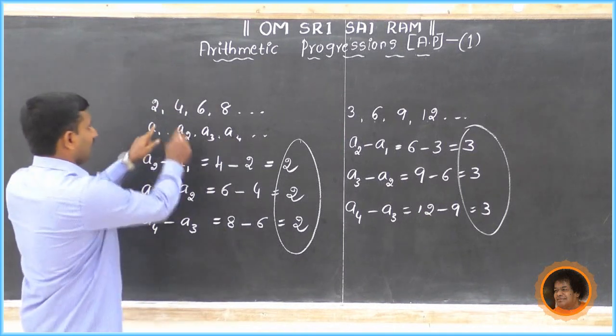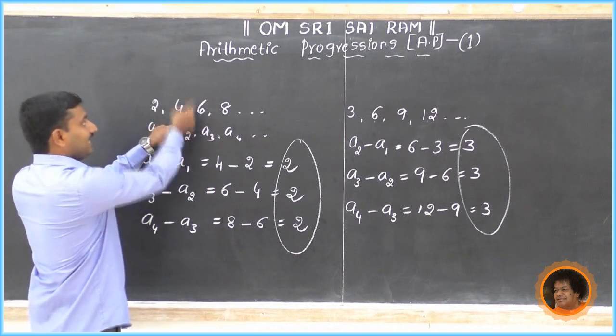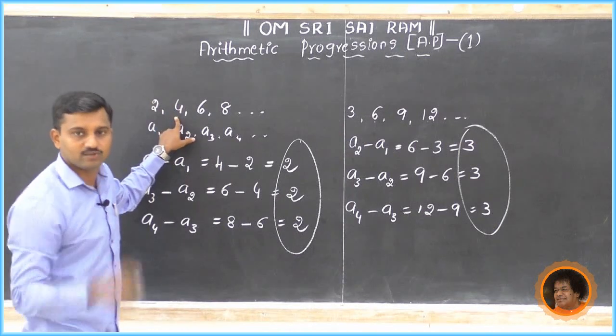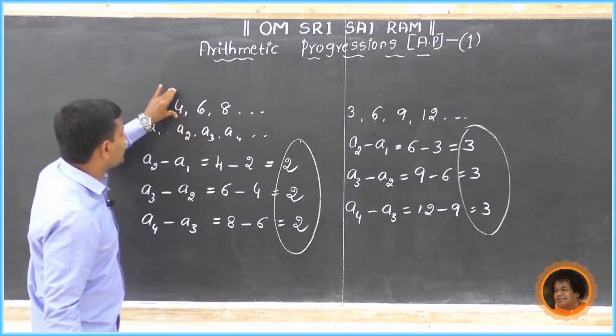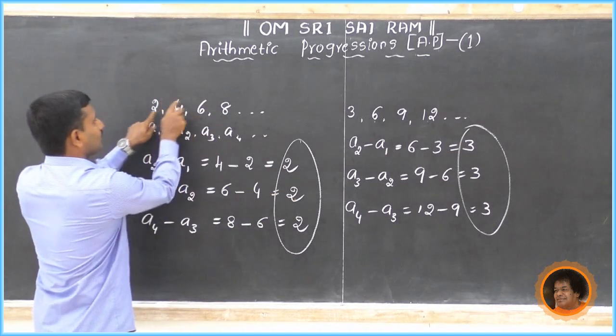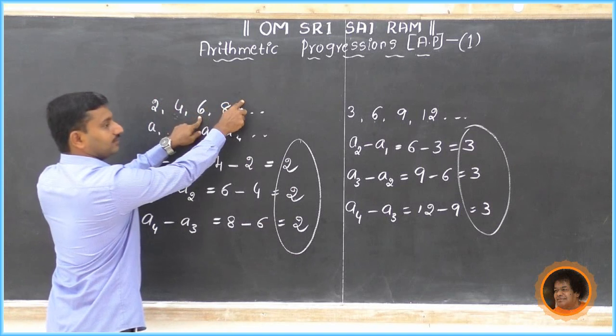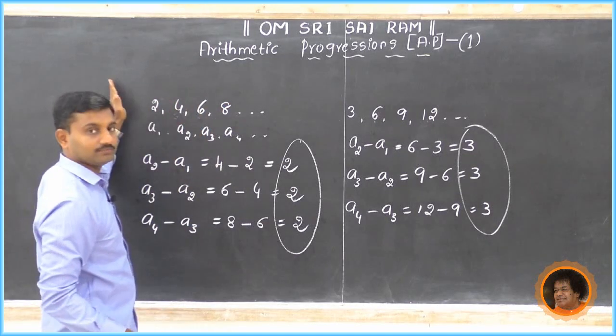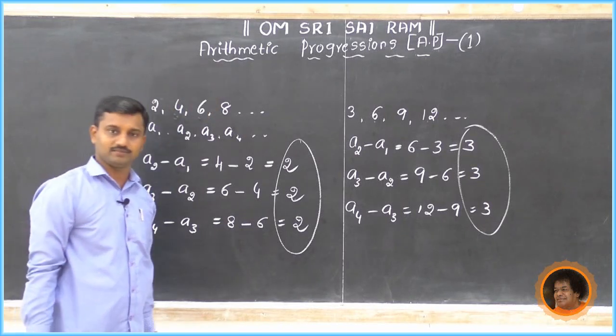The difference between a term and its preceding term is constant, or each term is obtained by adding a fixed number, here plus 2 gives 4, plus 2 gives 6, plus 2 gives 8, a fixed number to the preceding term, except the first term. So that is the arithmetic progression.